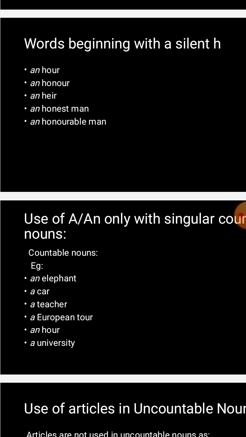But E is not pronounced. E and U together, you can hear the yoo sound, European. And that is why we don't say an European, you say a European. And an hour, H is silent. We have already touched upon that. So you know very clearly that since H is silent here, it takes the article an.